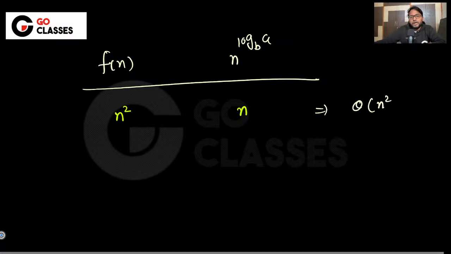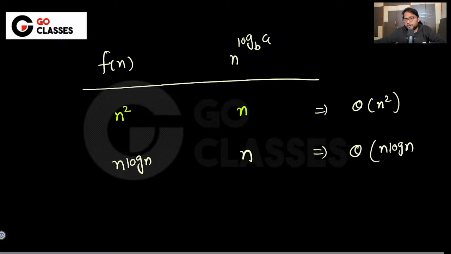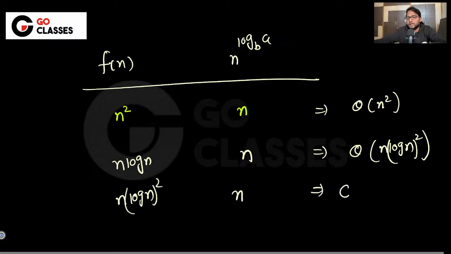Great. If this is even, let's suppose, n log n only, this is n, then also we know, if it is just log n times greater, then this is n log n into log n, right? Let's suppose if it is n log square n into n, then also I think you know this is n log cube n, right?